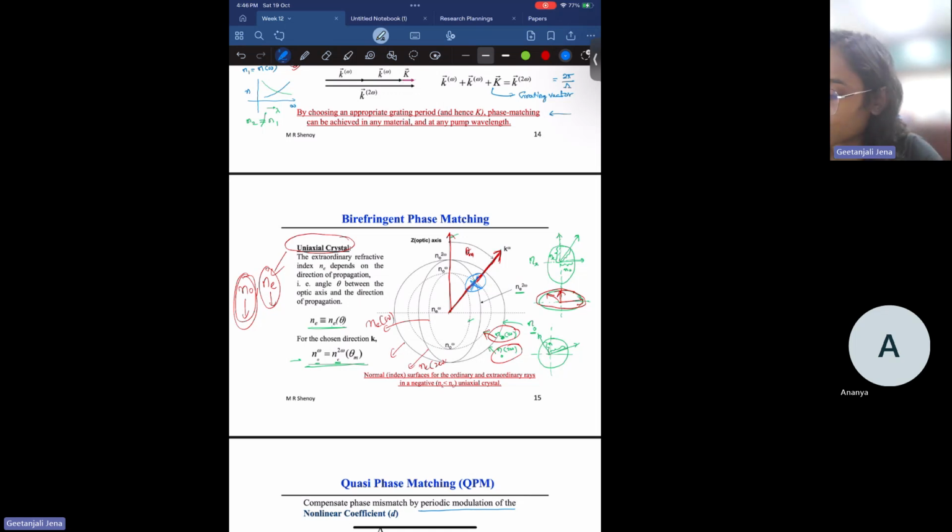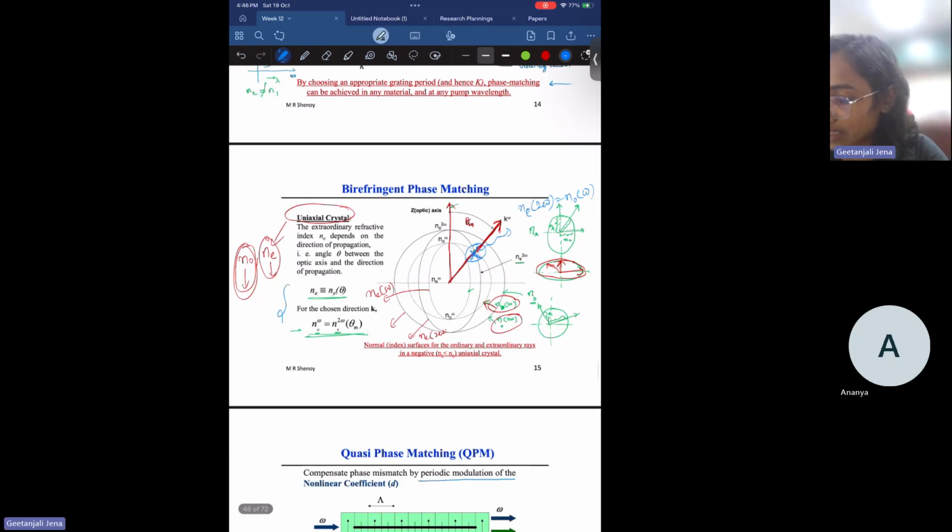That means this is the point where we have the same value of refractive index: one for the ellipse at 2 omega, and one for the ordinary refractive index at omega. So if you take a birefringent crystal, you can achieve the phase matching condition that is required for efficient interaction.